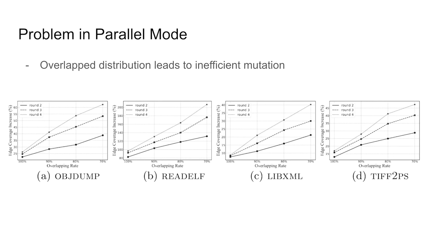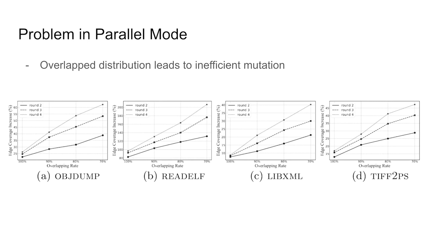group B. Such an experiment enables us to simulate the fuzzing scenarios where a different extent of the overlapped mutation happened. So here's the figure. We can see it presents the result of the experiment under different settings.